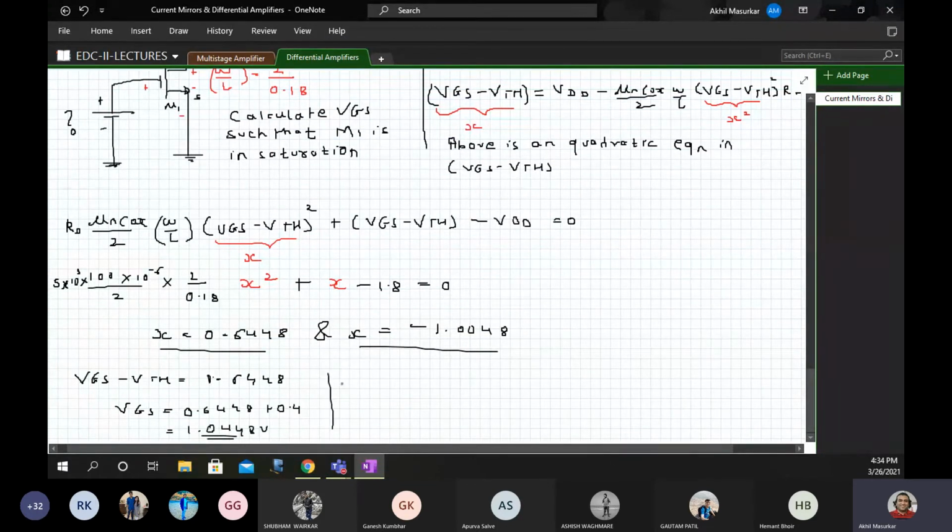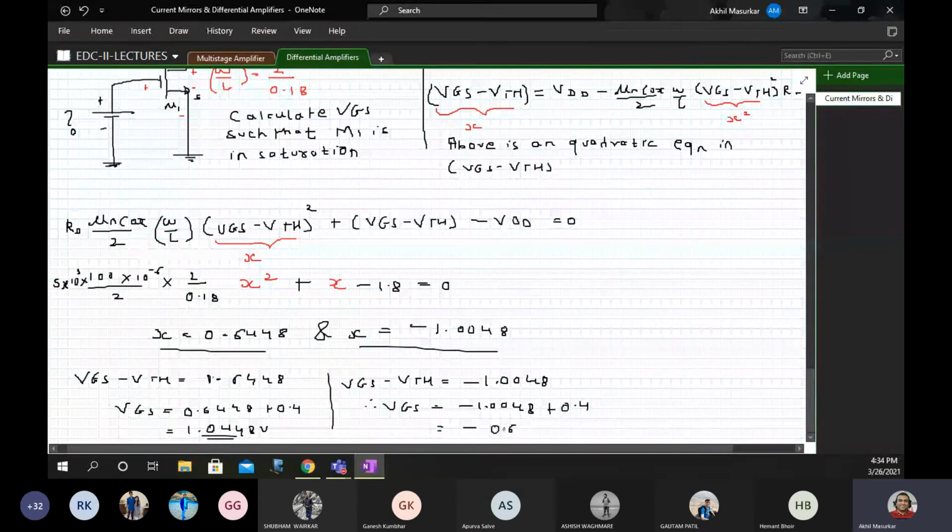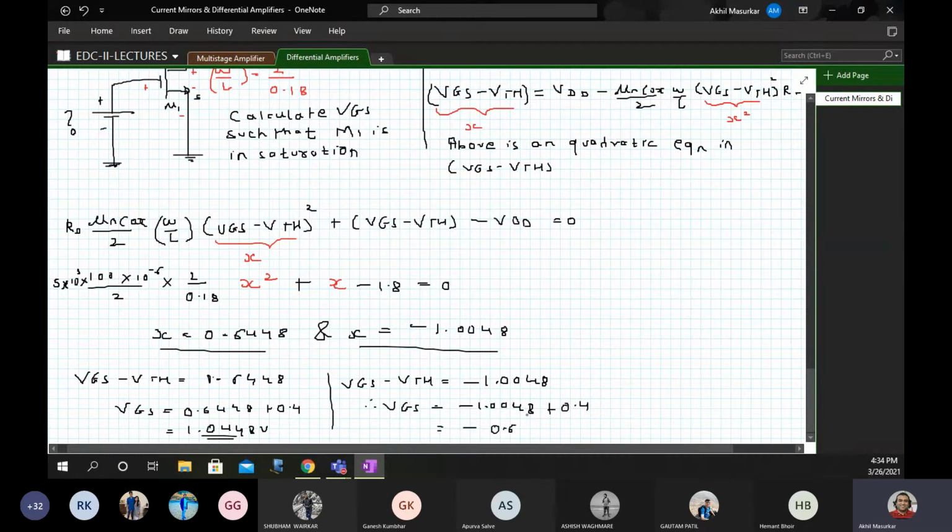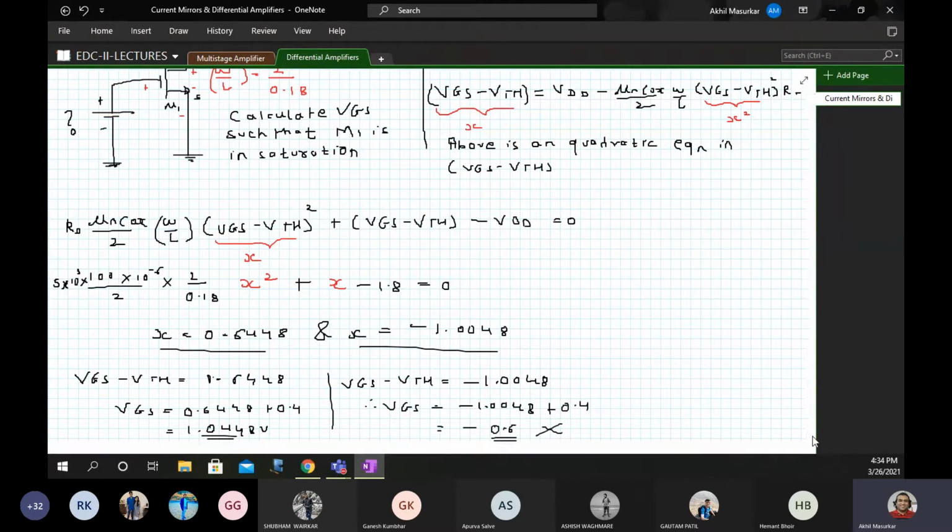Whereas here VGS minus VTH will be equal to minus 1.0048. So VGS here would be minus 1.0048 plus 0.4, that would be minus 0.6 something. So obviously VGS cannot be negative in the case of MOSFET.